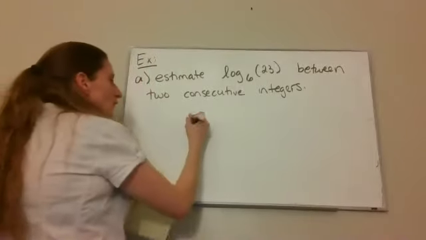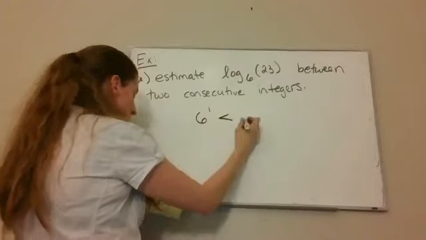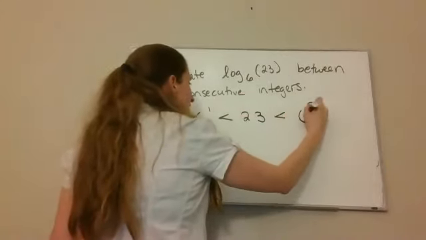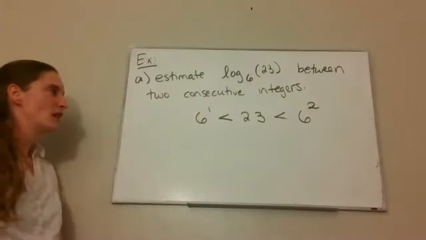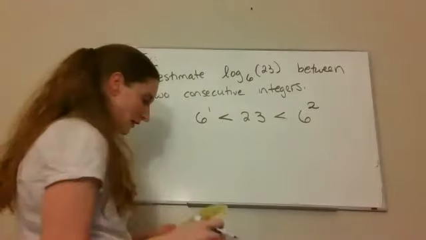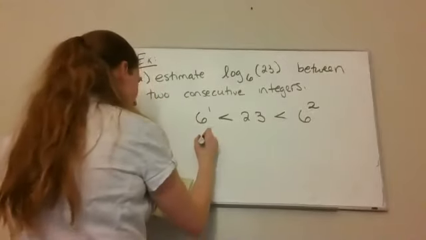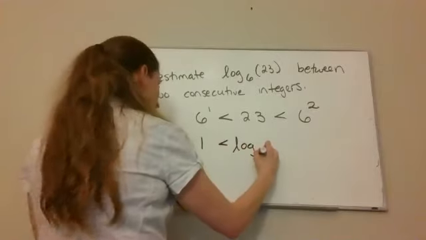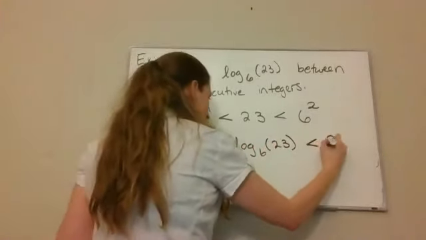Well, 6 to the first power is 6. And 6 to the second power is 36. So I know that 6 is less than 23, which is less than 36. And I've written it with the exponents to emphasize the fact that this means that 1 is less than the logarithm base 6 of 23, which is less than 2.